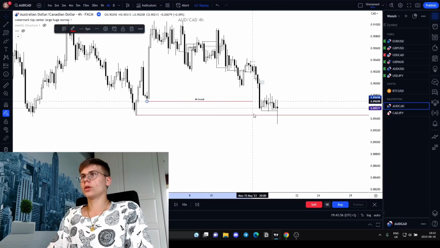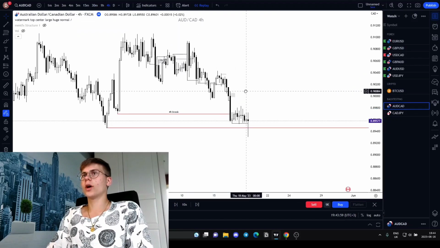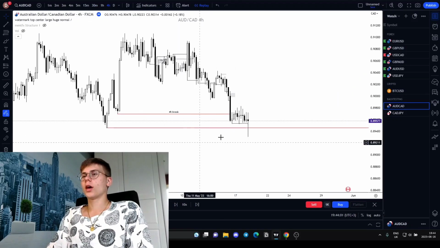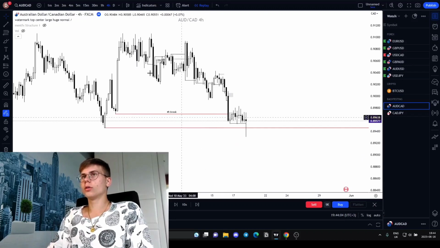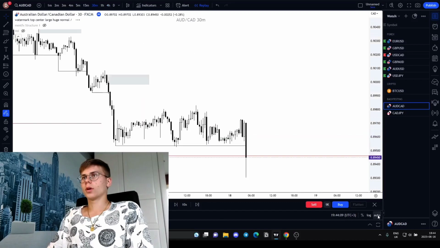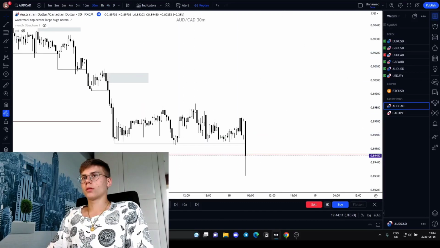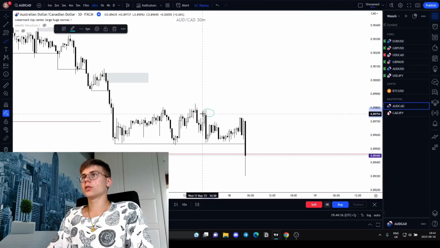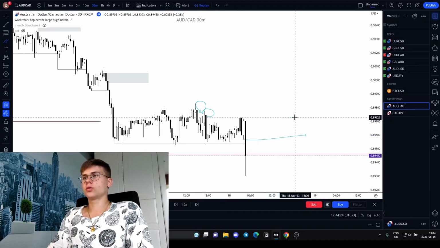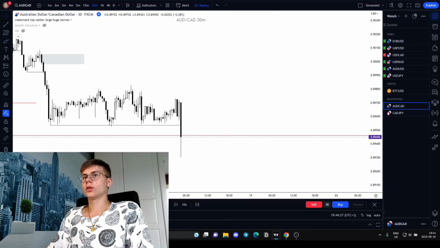So already we hit those 4-hour breaks and daily break. As you remember, we marked those, and yeah, it's not clear for me because it's a mitigated zone right here, some mitigated space right here, and okay, we can try to grab this zone because it's a less protected high.